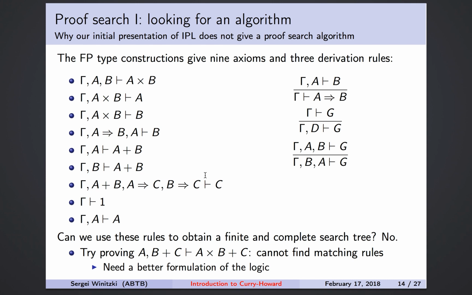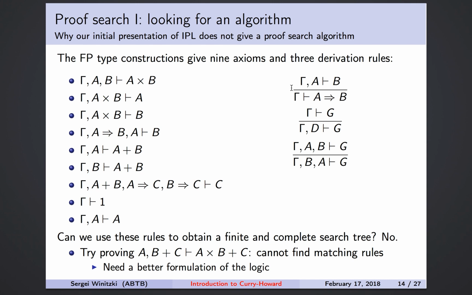In order to find out how to get an algorithm, we need to ask, well, first of all, do we have the rules of derivation that allow us to create an algorithm already? Here's a summary of the axioms and the rules of derivation that we have found so far. These are direct translations of the code expressions that we had in the programming language into the notation of sequents.